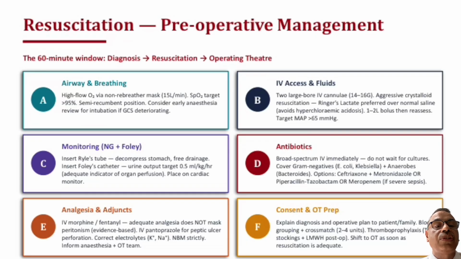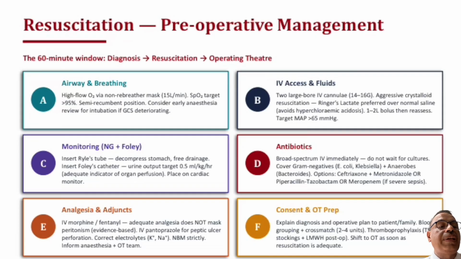That is one of the things which should be taken care of. Always give PPI, IV pantoprazole, especially in peptic ulcer perforation. The infusion is better in this case. Correct electrolyte imbalances, especially potassium and sodium. Patient should be kept nil by mouth, and keep the operation team ready as well as inform the anesthetic team.